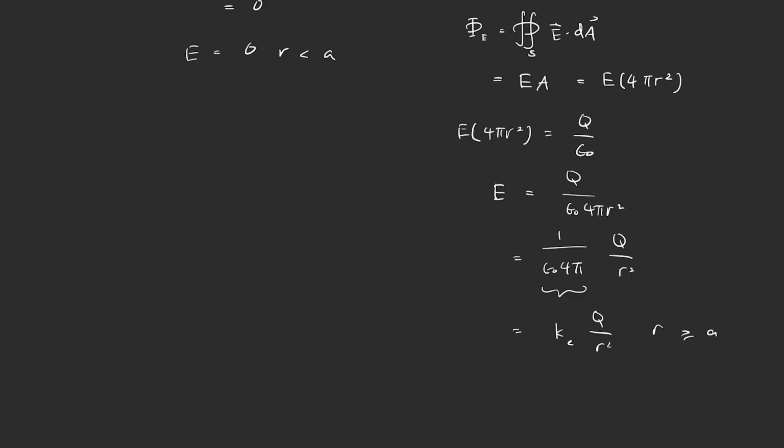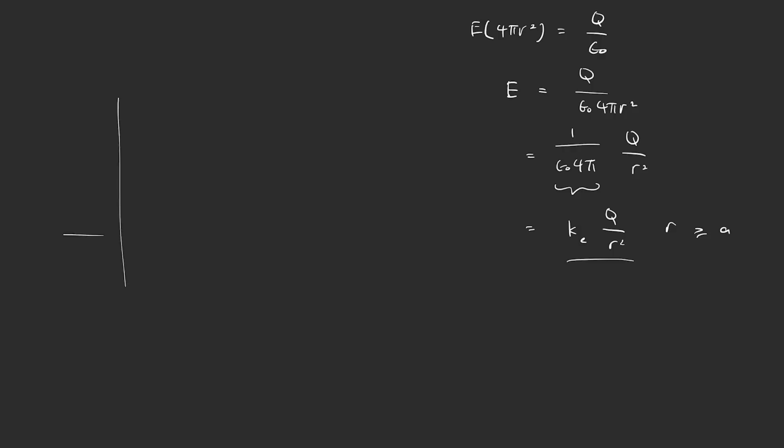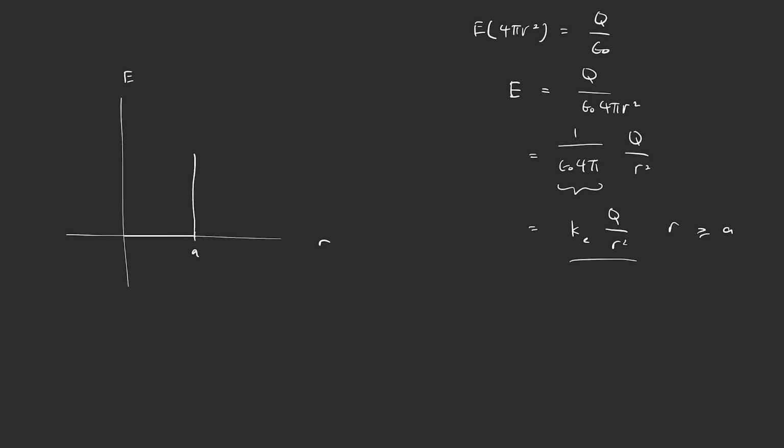This is our expression. So remember that we have two regions. So if we plot this as E against r, and this point is a, before r reaches a, we have no field because this is inside the surface. And at r equals a, we have a jump, because at this point the field is the strongest.